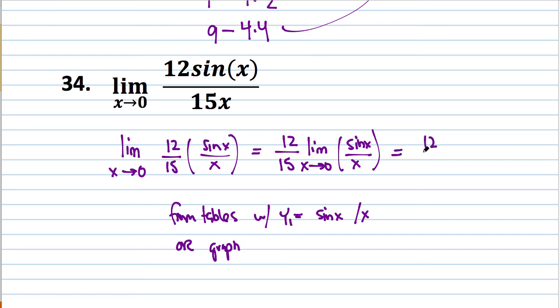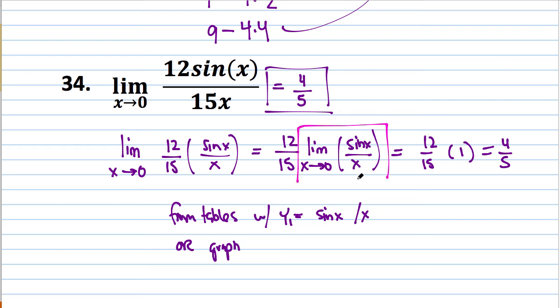So this would be 12/15 times 1, because the limit of this is 1. So in the end, this just ends up being 12/15, which we can simplify to 4/5. If you recall in previous homework, this right here you were suggested to memorize. So again, we will suggest that.